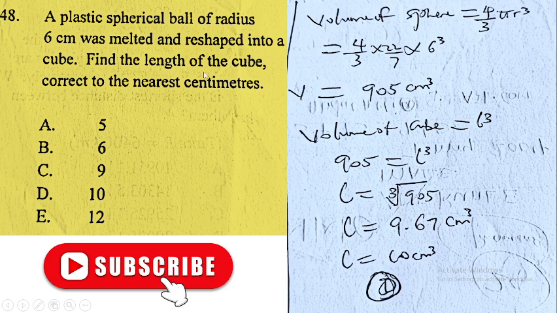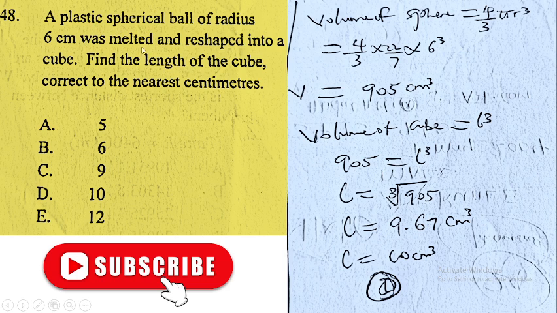Question number 48. A plastic spherical ball of radius 6 cm was melted and reshaped into a cube. Find the length of the cube correct to the nearest centimeter. Now this question is on solid shapes, and we are trying to compare two solid shapes, a sphere and a cube.